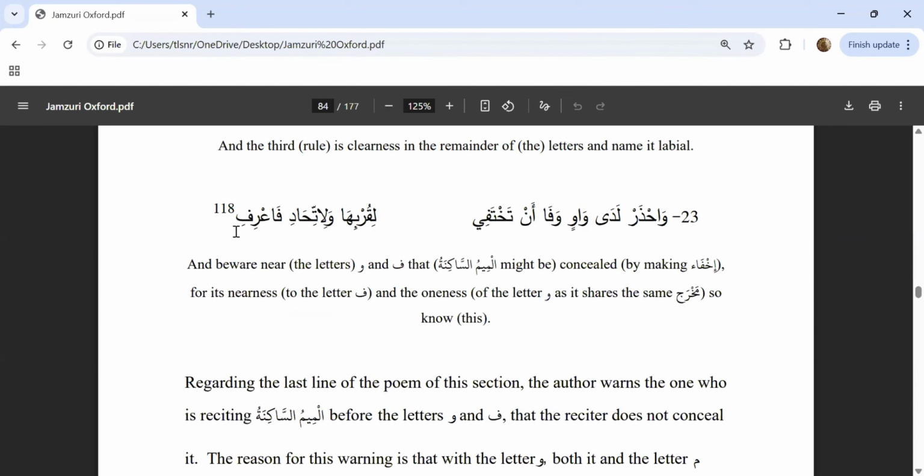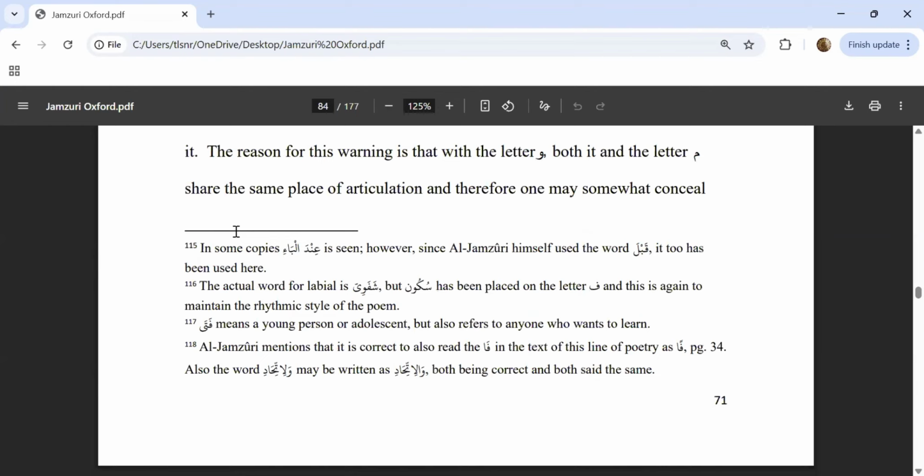And again, take note of the footnotes. In some copies, you will find عند الباء is written. But because Al-Jazari himself used the word qabla, it's also been used here in the line.